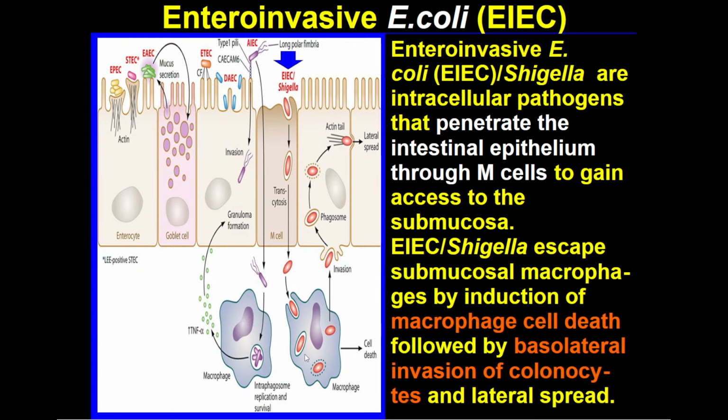So while the macrophages die, the bacteria are released, followed by basolateral invasion of colonocytes. They spread to the neighboring cells, and they really damage the neighboring colonocytes, and then patches of colonocytes may be sloughed off the surface of the basal membrane.